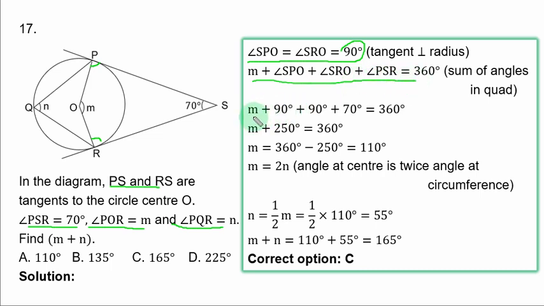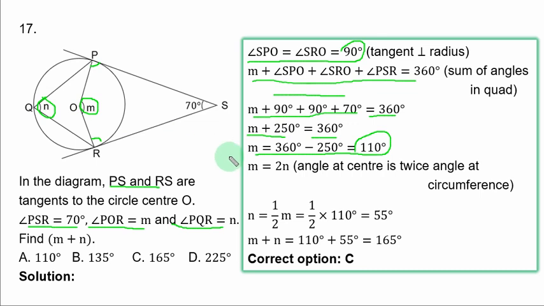So you have M plus 90 plus 90 plus 70 equal to 360. If you add these 3 angles, you have M plus 250 degrees equal to 360 degrees. Collect terms, you have M equal to 360 degrees minus 250 degrees, and that is 110 degrees. From circle geometry, angle at center is always twice angle at circumference.